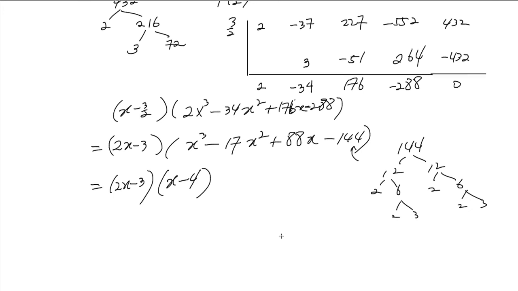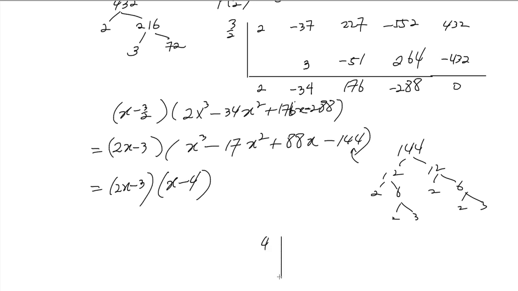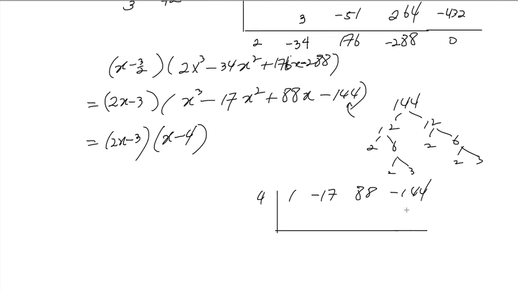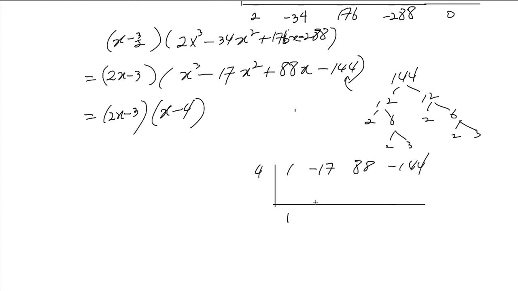So let's use synthetic division to get what the remaining factors are, what our quotient is. 1, negative 17, 88, negative 144. So 1, 4, that gives you minus 13, that gives you minus 52, that gives you 36, and that gives you negative 144, positive 144, 0.